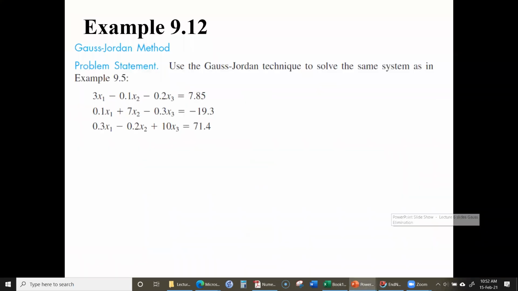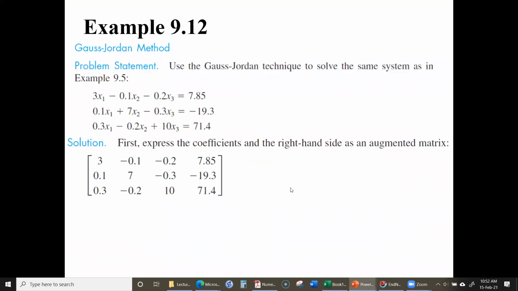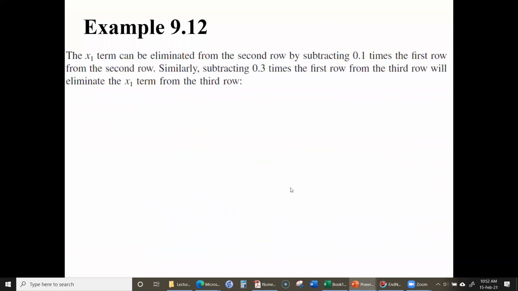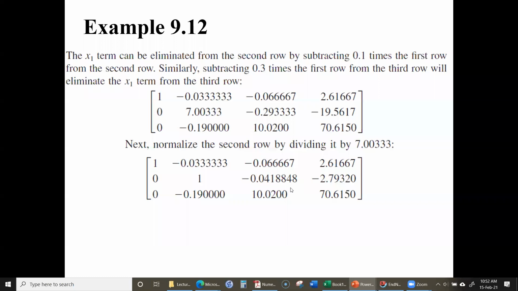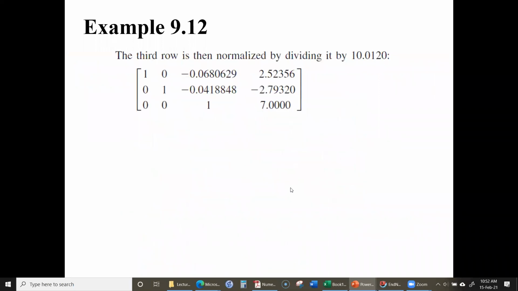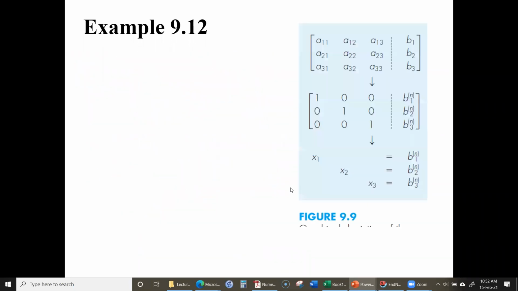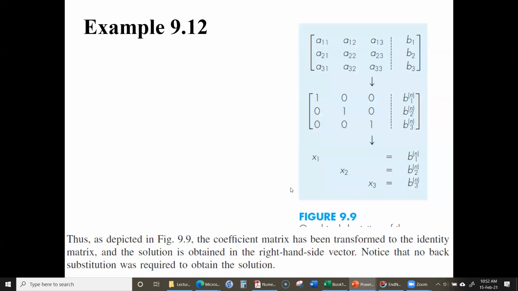All right, so that was the Gauss Jordan elimination method. As depicted in this equation, the coefficient matrix has been transformed to the identity matrix, and the solution is obtained in the right hand side vector. Notice that no back substitution was required to obtain the solution.